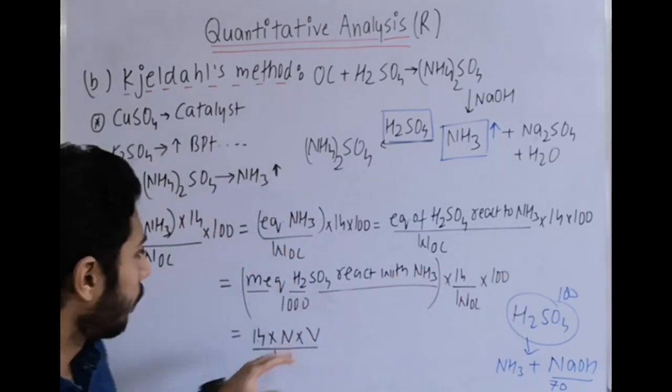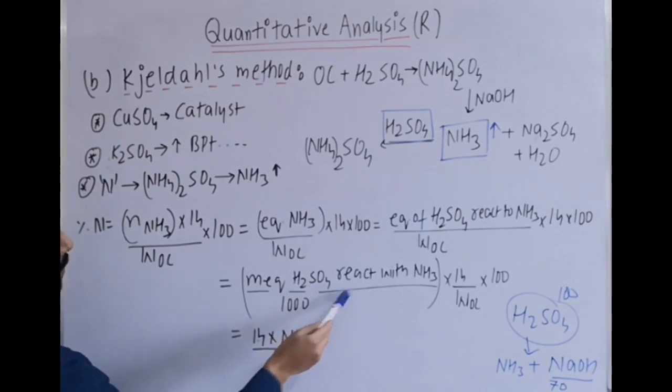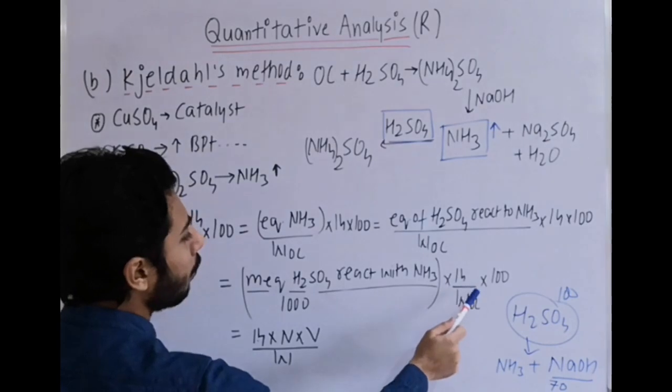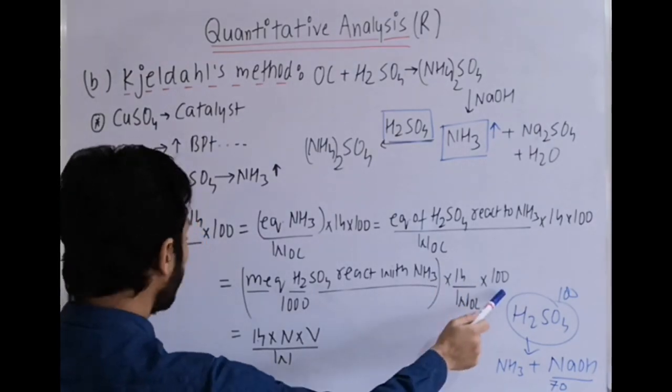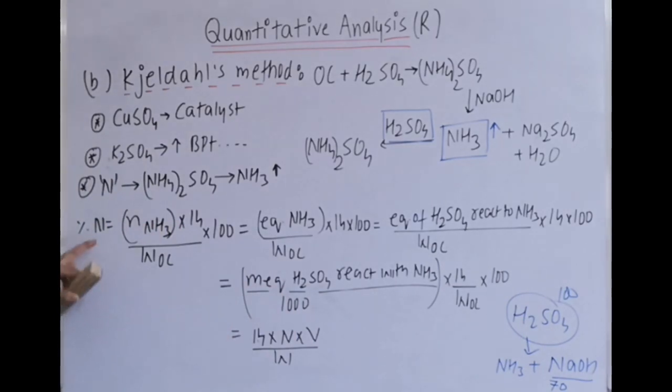Okay? Now see the formula here. Milliequivalents of H2SO4 reacted with ammonia, why milliequivalents? Because mostly we use volume in ml and normality, so volume in ml means we divide by 1000. The milliequivalents of H2SO4 divided by 1000 into 14 upon weight of organic compound into 100. That is the formula you can use to find the percentage of N as per Kjeldahl method.